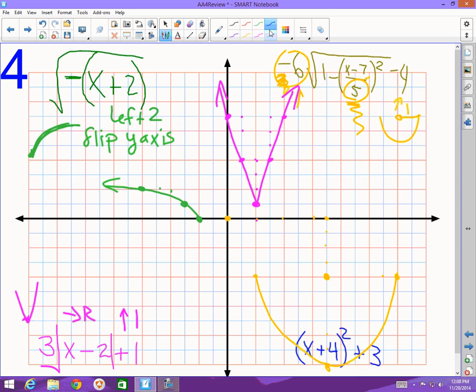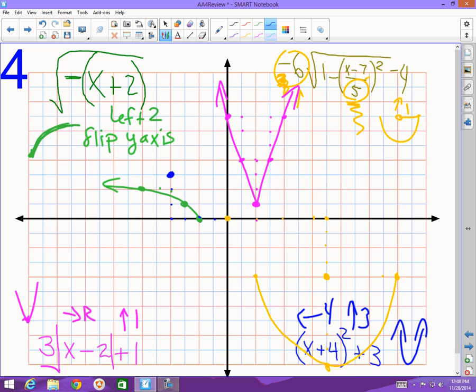Finally, we have a squared equation, which is a parabola going like so, with arrows at the end. So it's x plus 4 squared plus 3, which means it's to the left 4 and up 3. So 1, 2, 3, 4. There's our vertex.